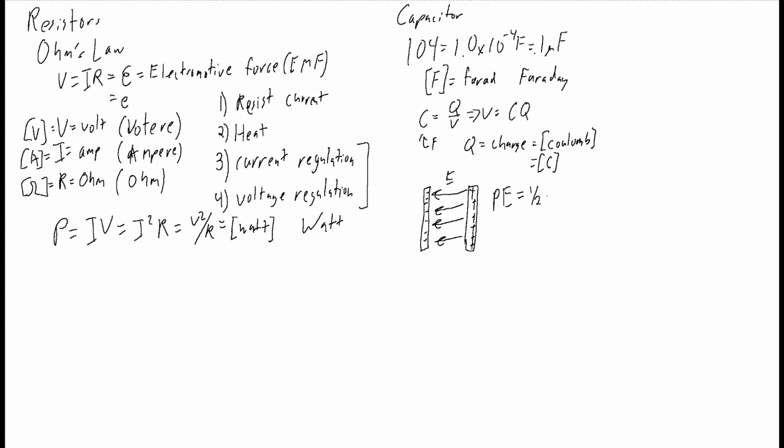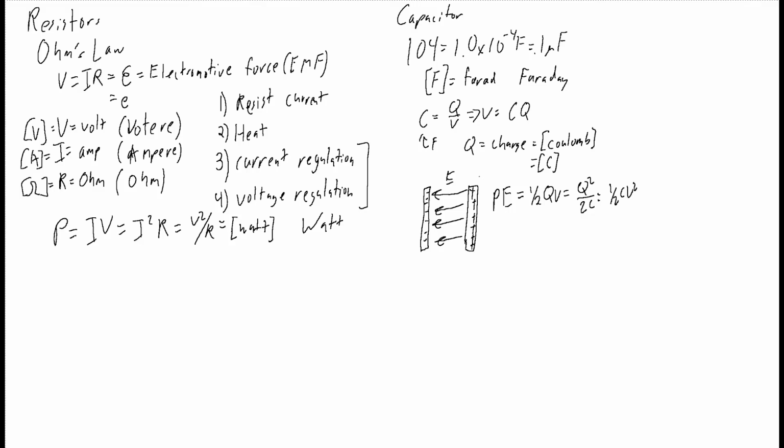We have 1/2 QV is the energy stored. So we can manipulate this equation, and we get that this is also Q squared on 2C. And also 1/2 CV squared.